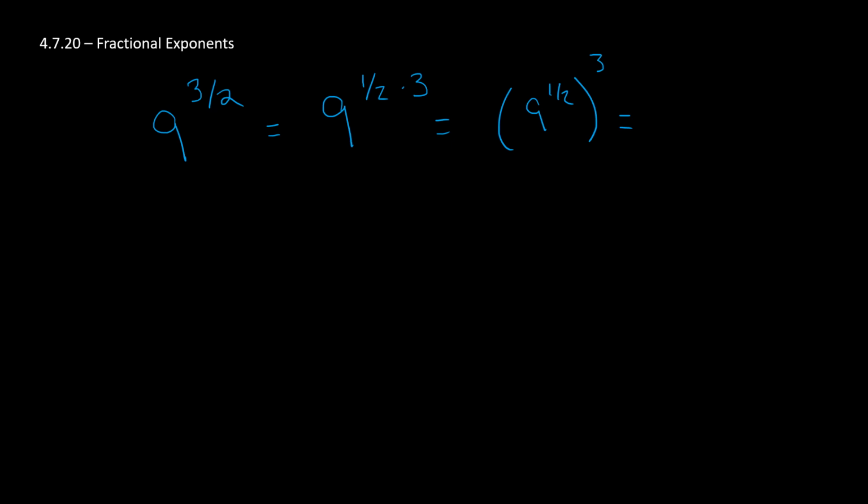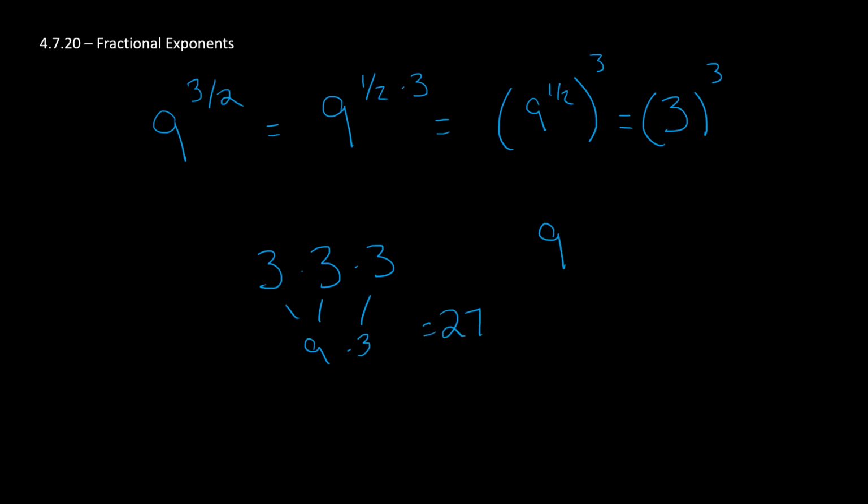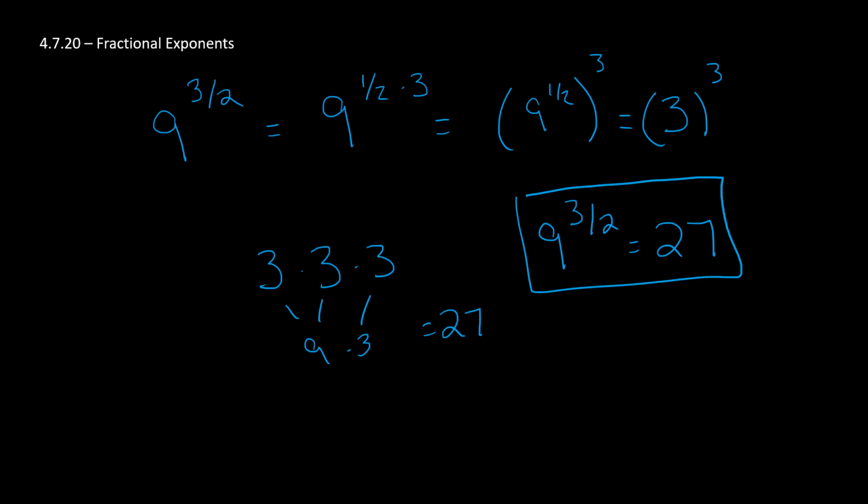We know the square root of 9 is 3. And we can't forget our cube here. Well, what does that mean? I've got 3 times 3 times 3. 3 times 3 is 9 times 3 is 27. So we can say that 9 to the 3/2 equals 27. Cool.